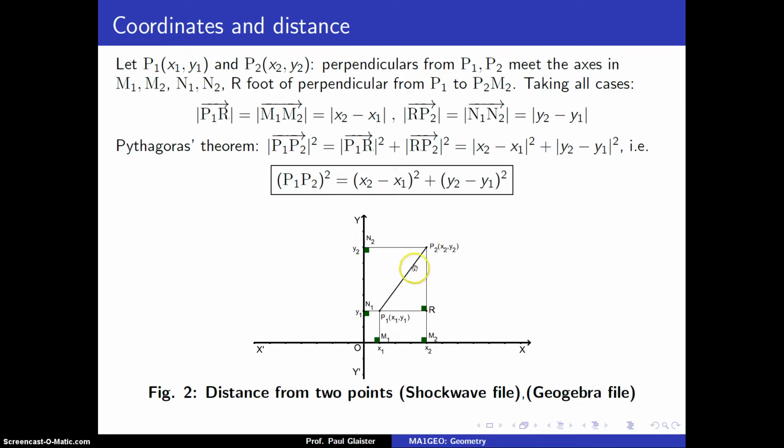So this squared is that squared plus that squared, which is just indicated by this expression here. So for any problem, the distance between 2 points can be written as the square root of the sum of the squares of the difference of the x coordinates of the 2 points and the y coordinates of the 2 points.